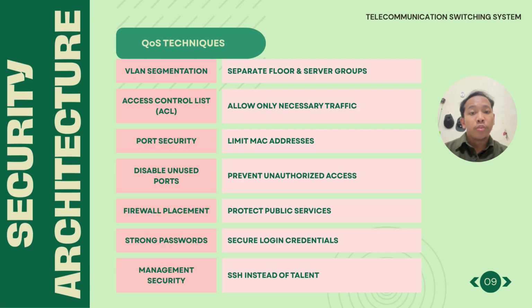Finally, for management security, we use SSH instead of Telnet because SSH encrypts all communication, making remote device management much more secure. Overall, these security measures help protect the network from unauthorized access while ensuring secure and reliable communication.